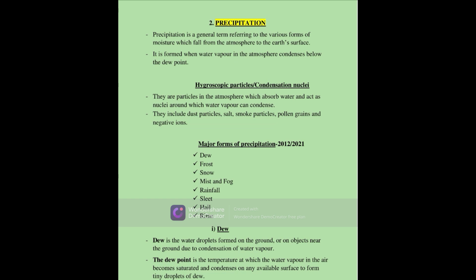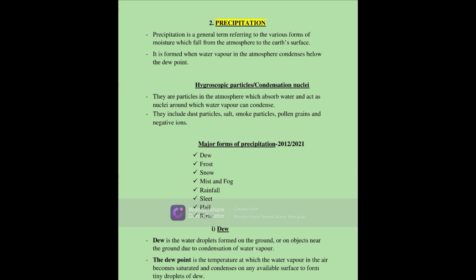The most important thing is to understand that precipitation is an umbrella term. It is formed when water vapor in the atmosphere condenses below dew point. That is when these forms of moisture are formed.